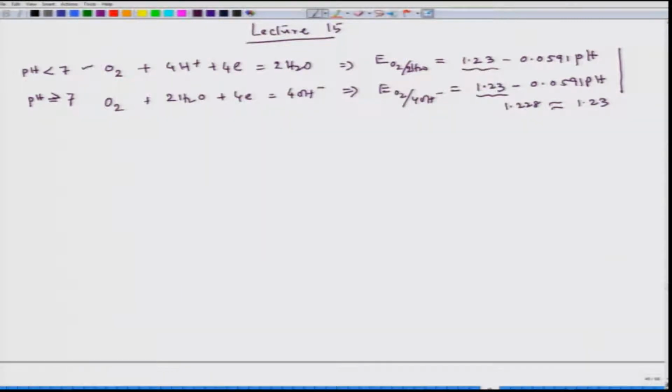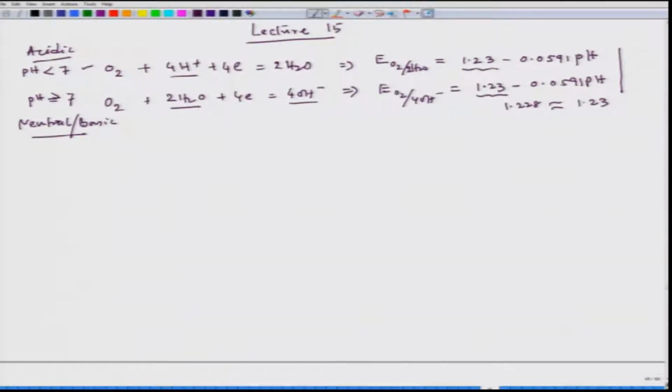That means this happens in neutral or basic medium, and this happens in acidic medium, because this involves hydrogen ion and this involves water, and finally we get OH minus. So, it would increase the basicity of the solution.